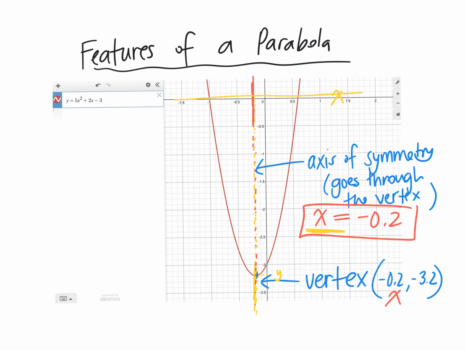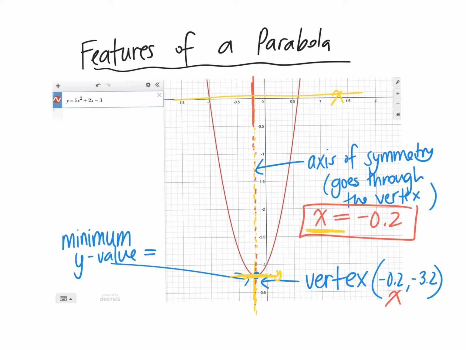Since we're still talking about the vertex, does this parabola have a maximum or minimum value? It opens up. Is it going to have the lowest point or the highest point? The lowest point, which is on the vertex. Minimum. What is the minimum y value? What is the lowest point that it goes? It can't go past this point.